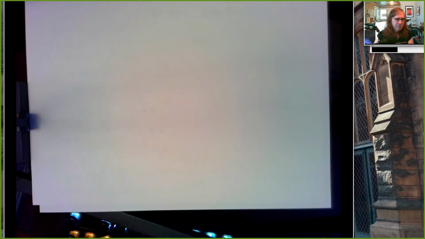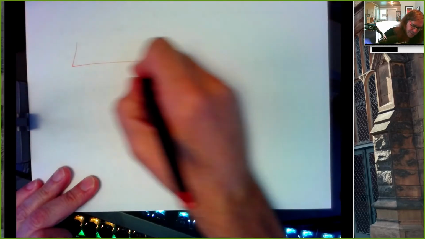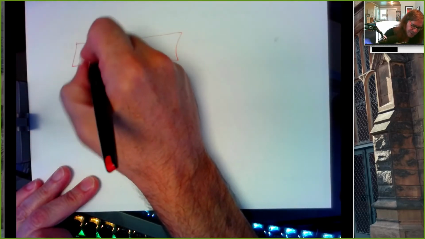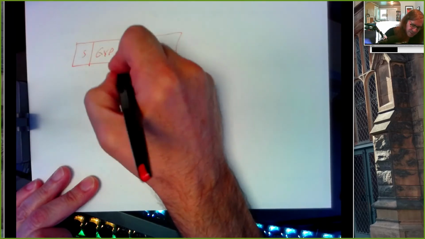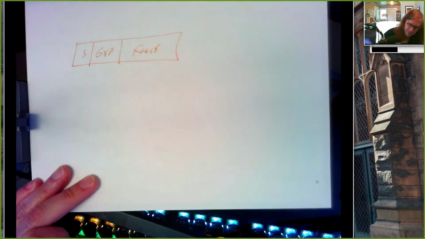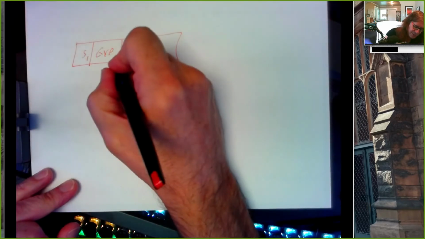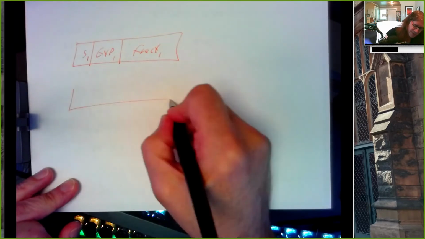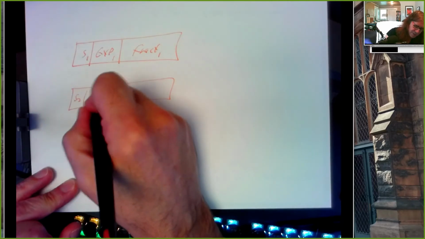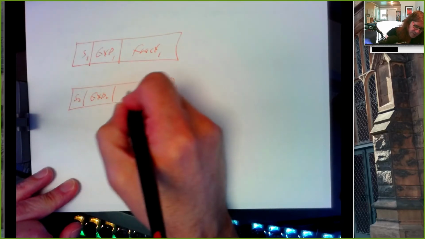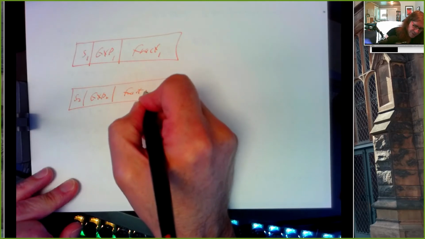represented in this format, where you've got a sign bit, an exponent, and a fraction. And let's say you've got two of these, so sign 1, exponent 1, fraction 1. You've got another, sign 2, exponent 2, fraction 2.